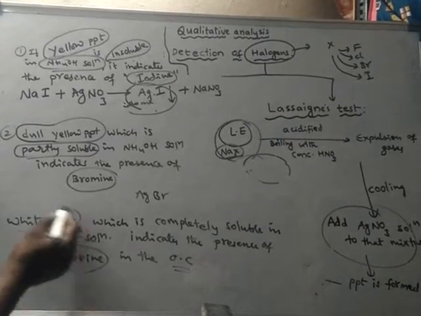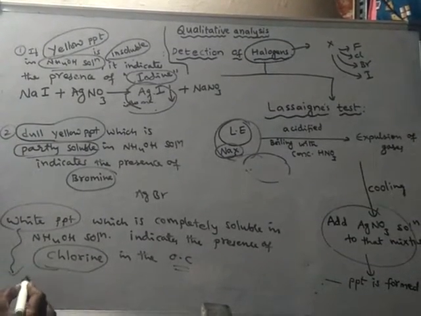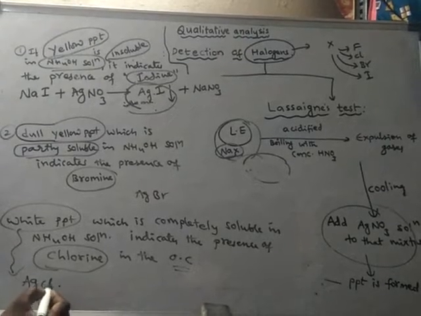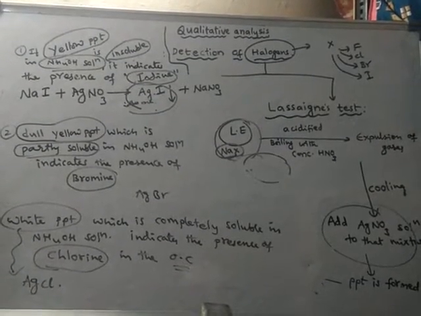So the white precipitate is nothing but silver chloride. Silver chloride is a white precipitate.